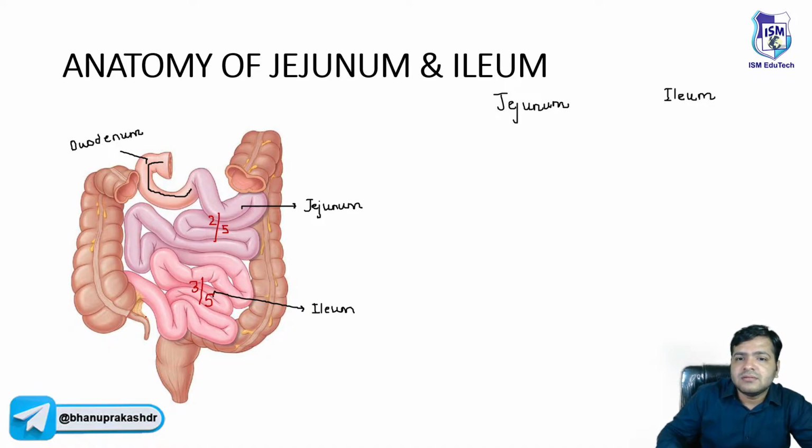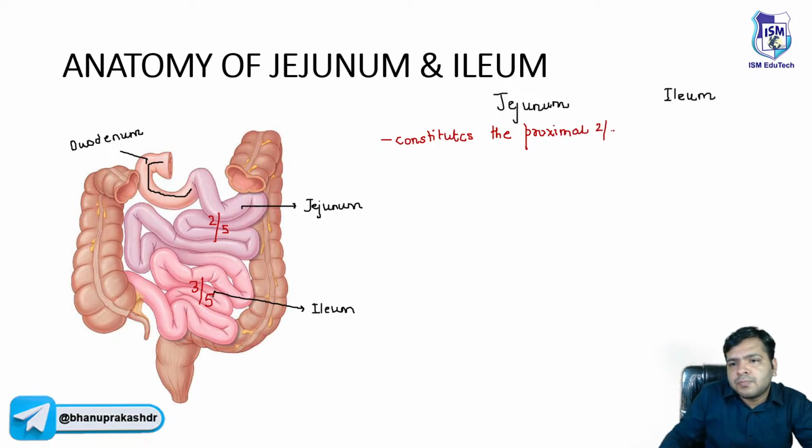So remember, beta, the jejunum constitutes the proximal 2 by 5 of the small intestine.